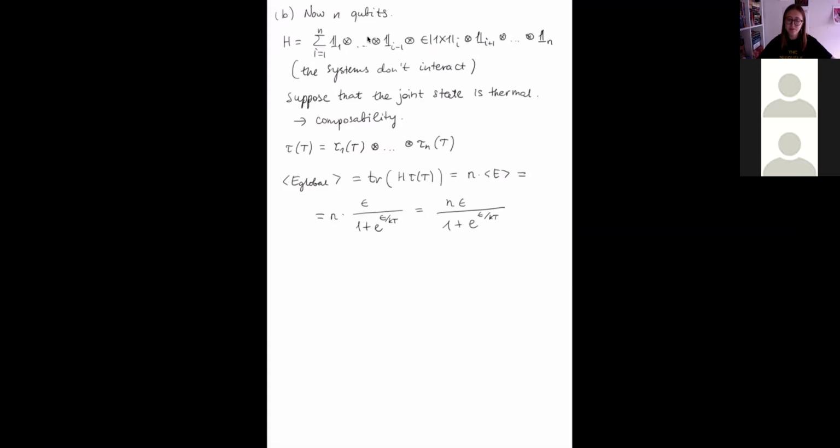Okay, now let us make the following assumption. We computed this global energy from the assumption that the global joint state is thermal. But perhaps we don't want to assume that the joint state is thermal. We want to come to that for some other considerations.